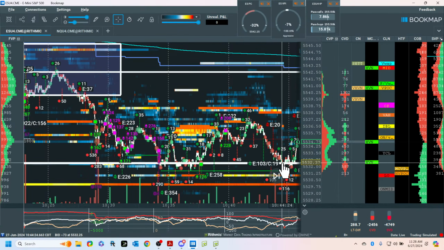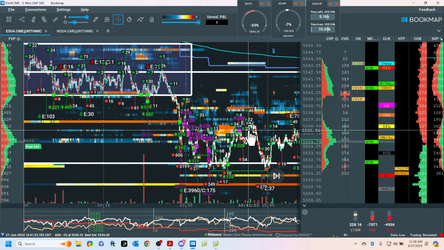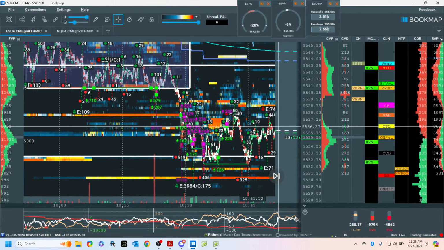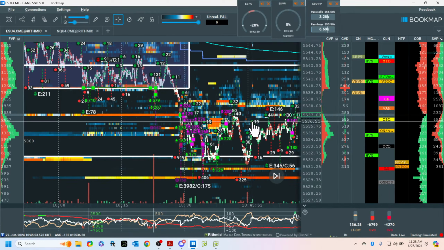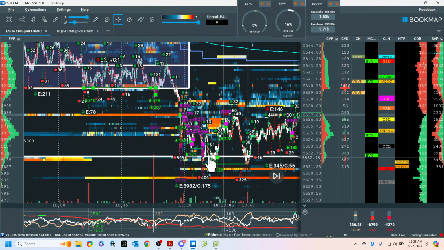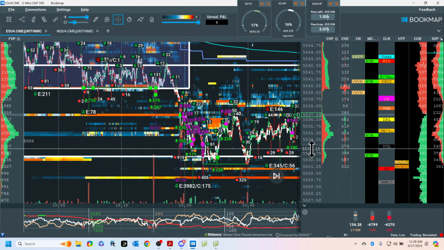Support, resistance, right? Watch. Resistance. So too low. And by the way, here it looks like it's going to zero. All I do is I'm testing this absorption and this micro high volume structure.